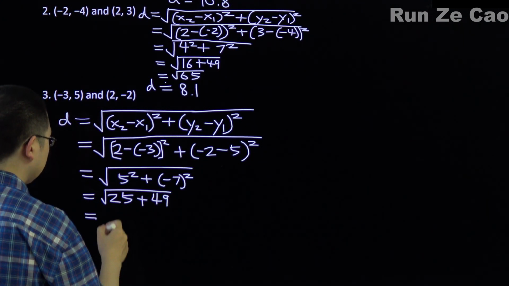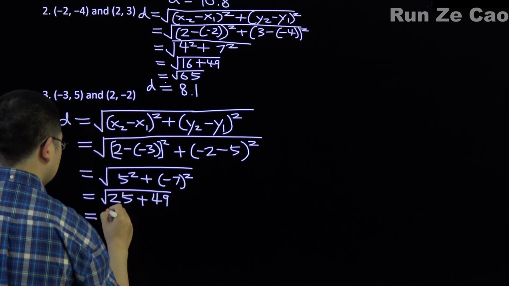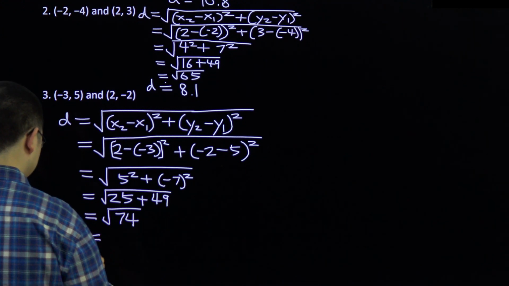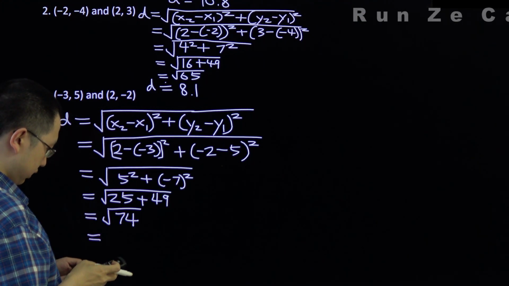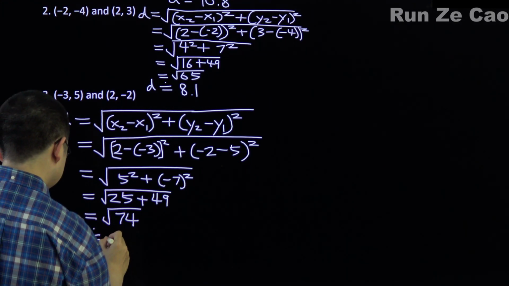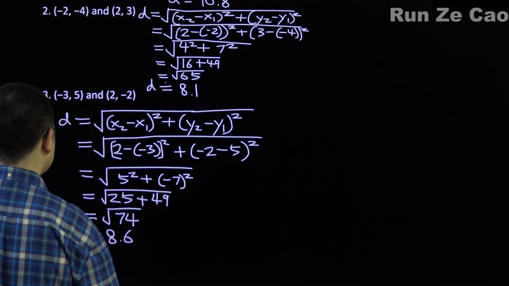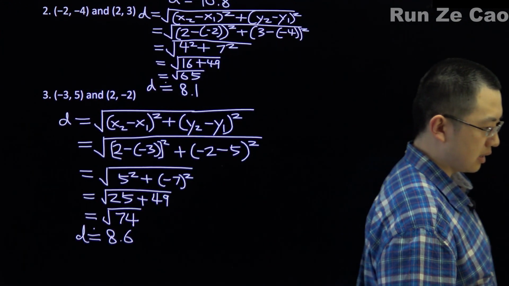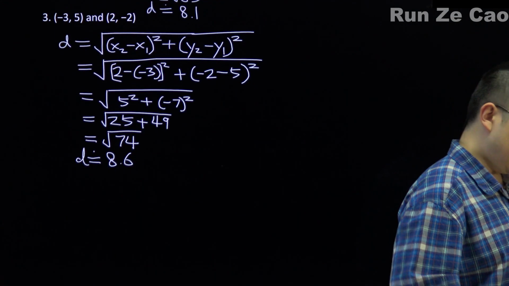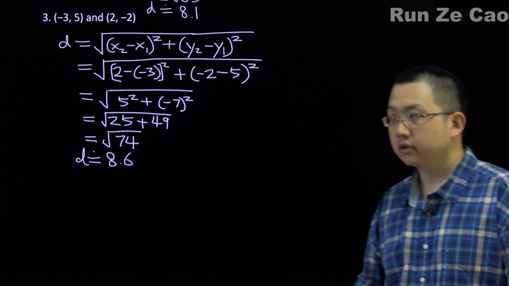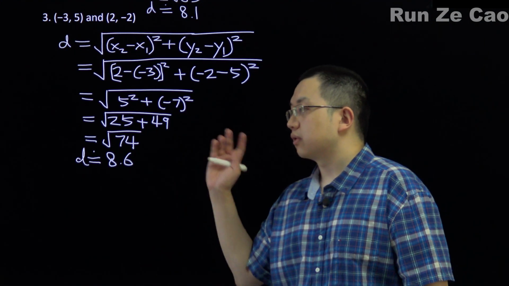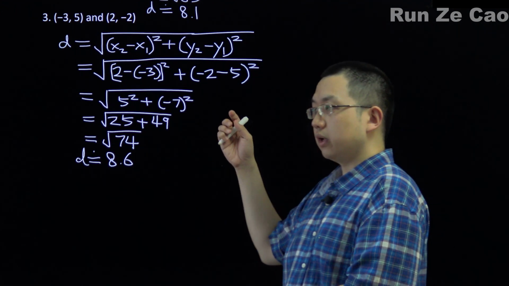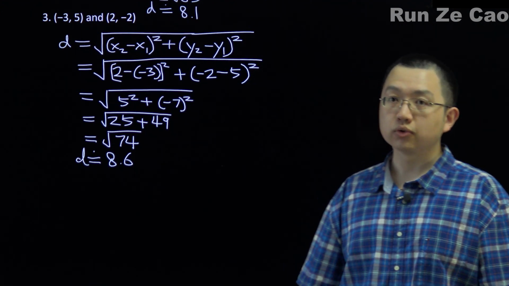Which would end up giving us root of 74. Which means 74 square rooted is approximately 8.6. So that is the distance between these 2 points. As we can see, the Pythagorean theorem is good for quite a few uses. And we reviewed radicals, like how square roots work.